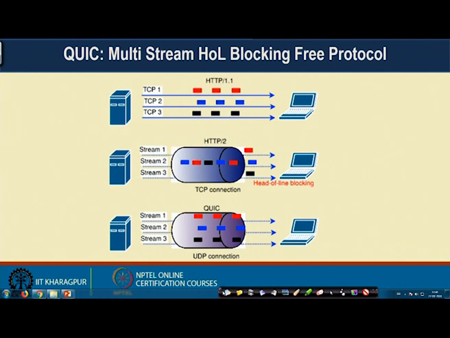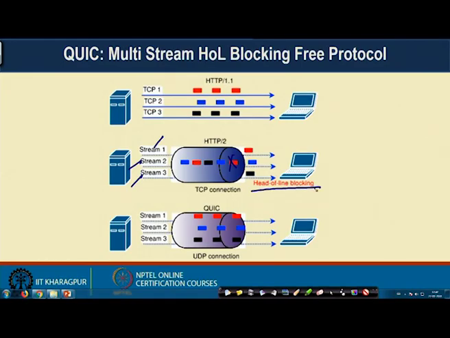Say a red packet got lost, and that is the stream corresponding to the red packet, while these are the streams corresponding to the blue packets and the black packets. Even if you are receiving blue packets and black packets, because you have a single TCP connection, it will not send those packets to the corresponding streams. So, those streams also get blocked. This is called head of line blocking.